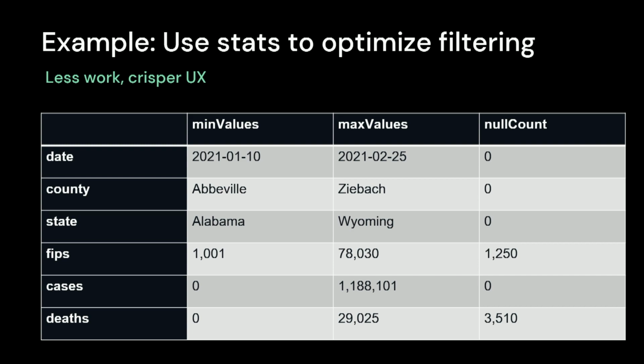If they said, I want FIPS of less than 100, you know you can rule that file out. If they said, I want to see where the county is null, well, you know there's 0. You can skip the file. So you'll want to be able to implement your client-side filtering not only on row-level data, but on stats data as appropriate for you.